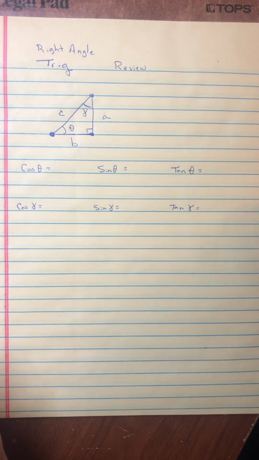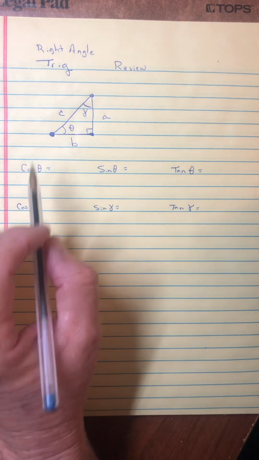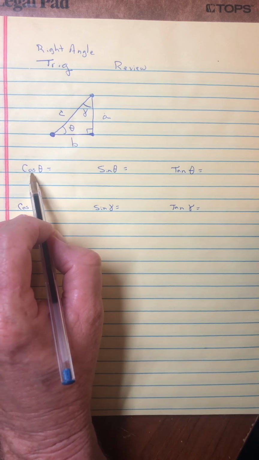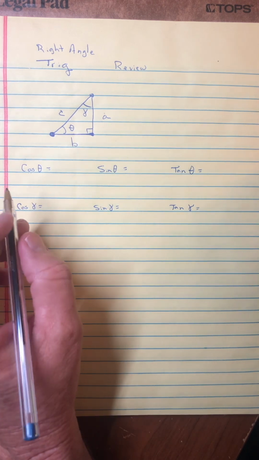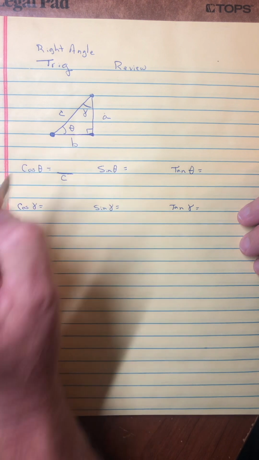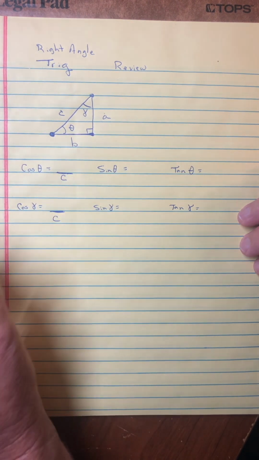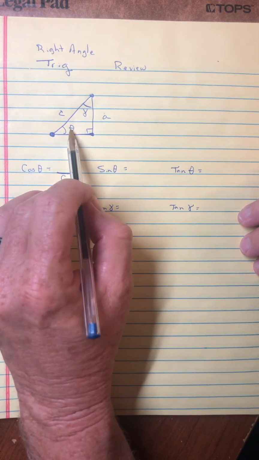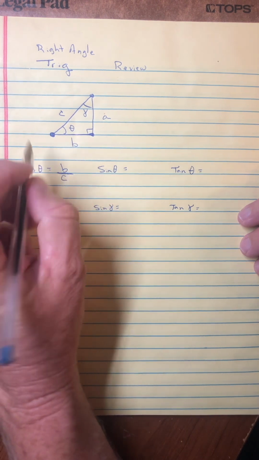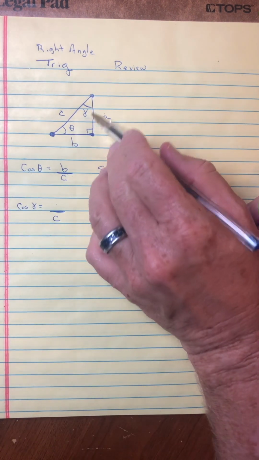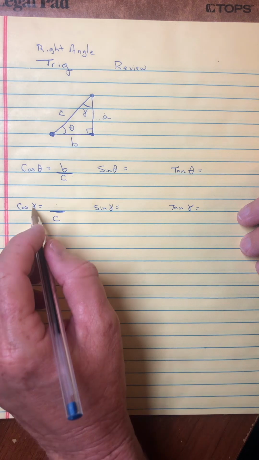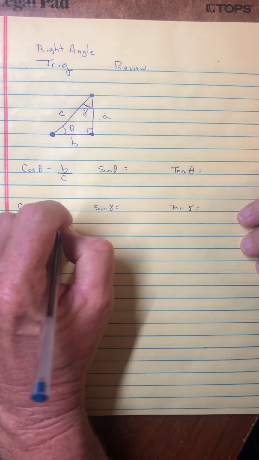So gamma, okay? The basic idea of cosine is that you take the adjacent leg over the hypotenuse. But the adjacent leg to theta is B, and the adjacent leg to gamma is A.